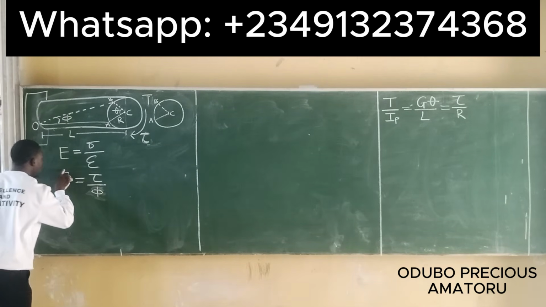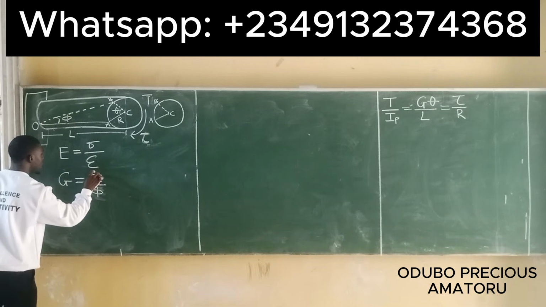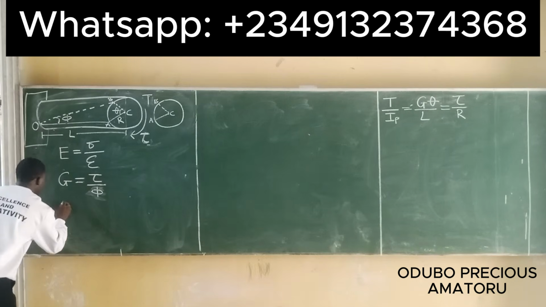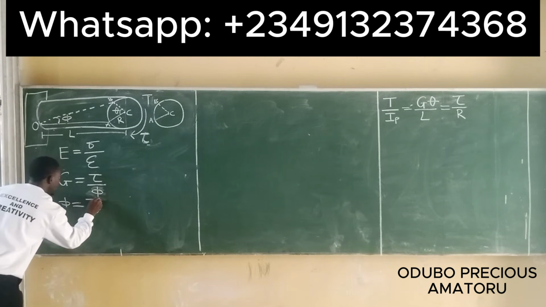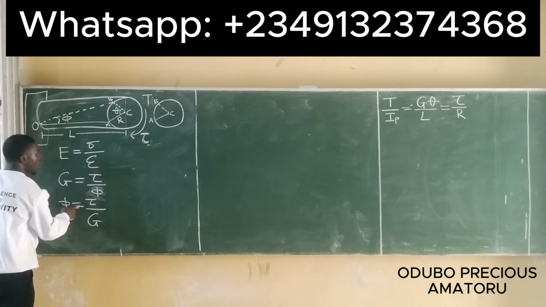So we say that modulus of rigidity is equal to shear stress all over shear strain. Now from here we can say that the shear strain is equal to the shear stress all over the modulus of rigidity.